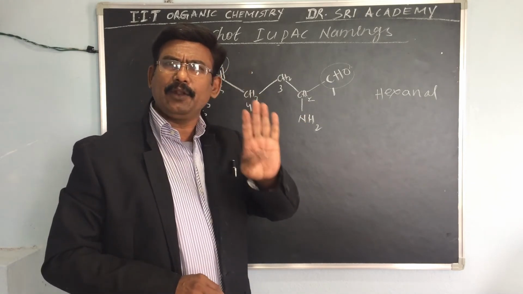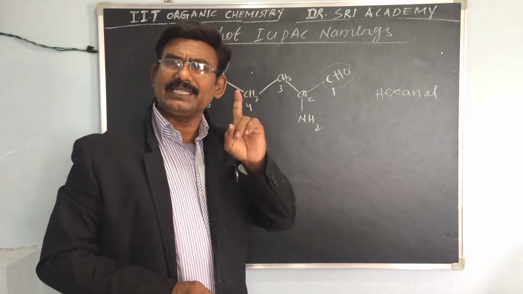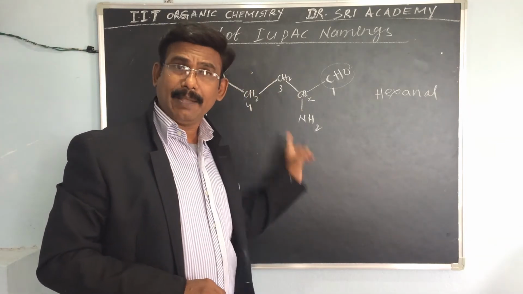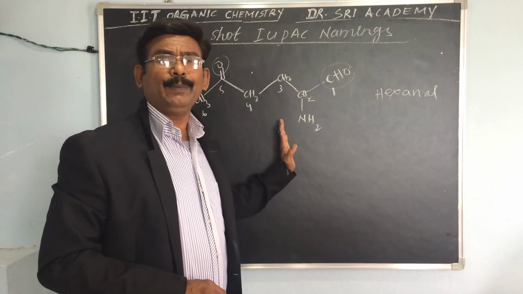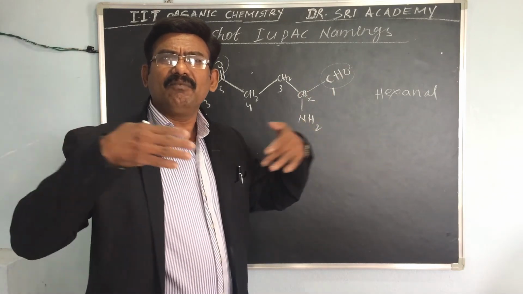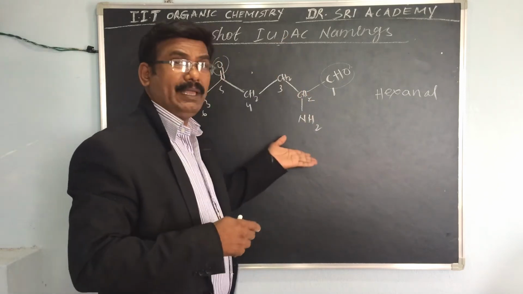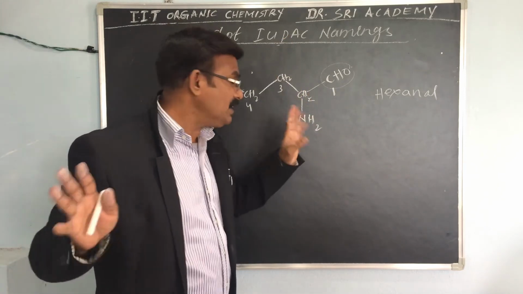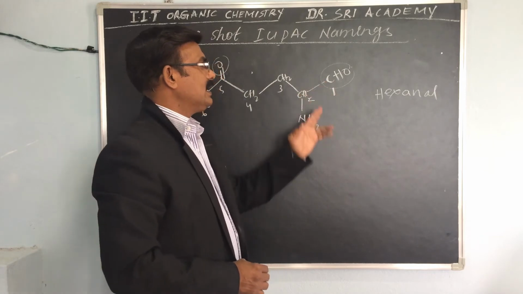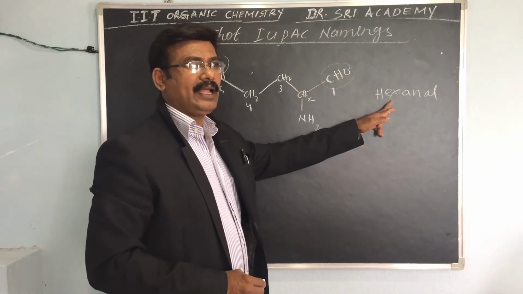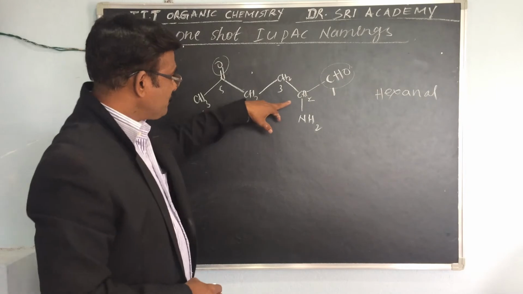So three key rules you have to remember: first the priorities, the complete table 1 to 16, then the longest chain, then alphabetical order. Then we will get the names. First, the longest chain: hexanal.